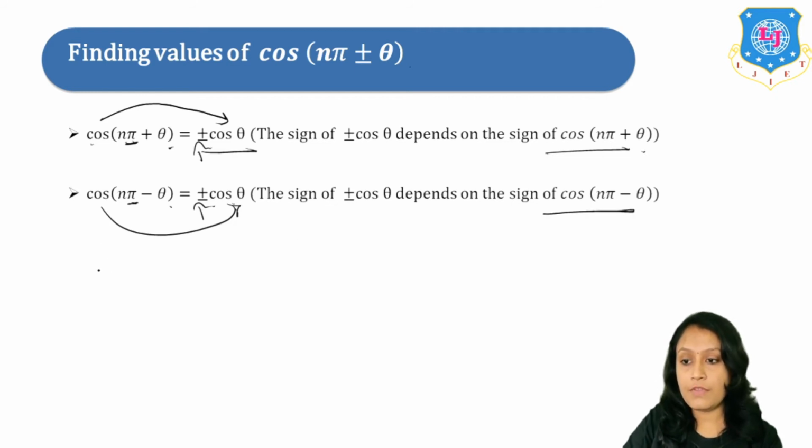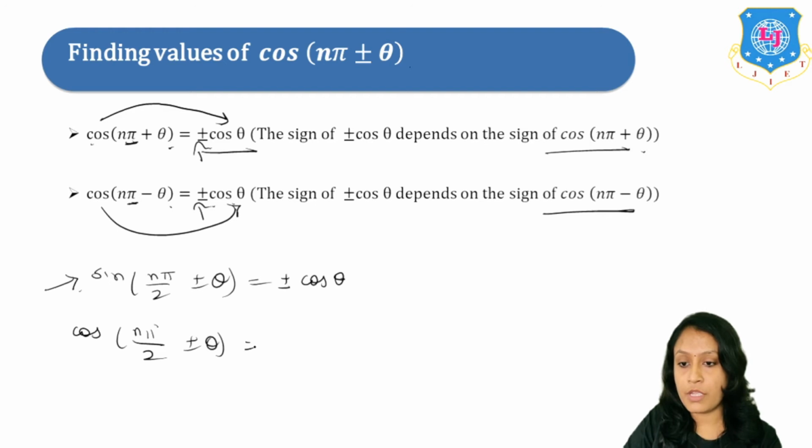So in general, what we have studied: sine of n pi by 2 plus or minus theta. We have pi by 2, so sine will change to cos, and it will come plus or minus, and this sign depends on the value of sine of n pi by 2 plus or minus theta. Also we have cos of n pi by 2 plus or minus theta, which will give you plus or minus sin theta.